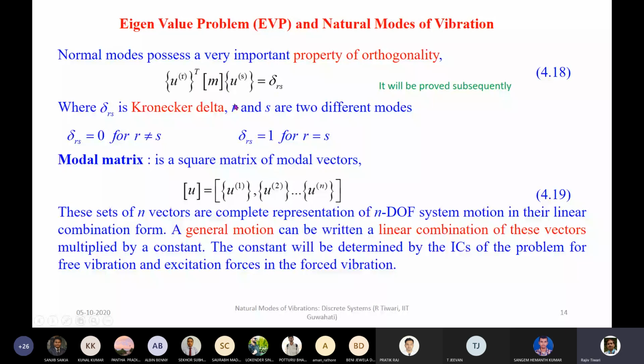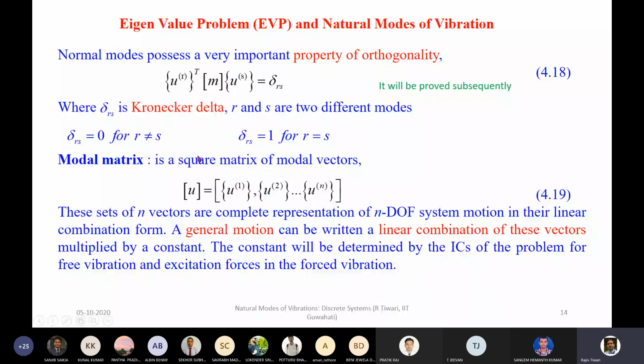That indicates that when r and s are the same, we'll have the value 1. If they're not the same, then it will be 0. This is basically the orthogonality property of the eigenvector, and we'll prove this maybe in tomorrow's class. As we normalized for the same eigenvector, it gives 1. If we have different eigenvectors, then it becomes 0. The Kronecker delta property is like this: when r is not equal to s, it becomes 0, and when r is equal to s, then it is 1.